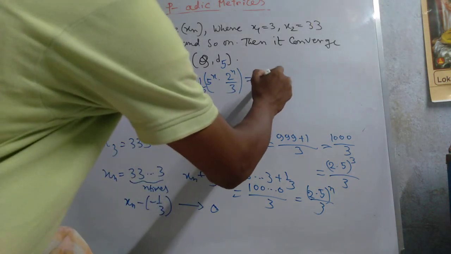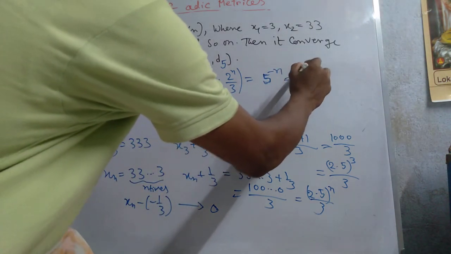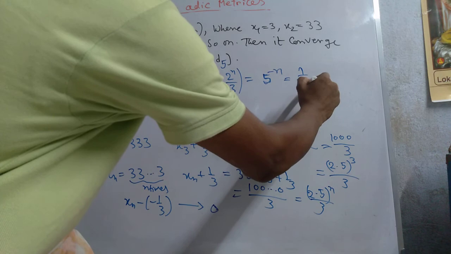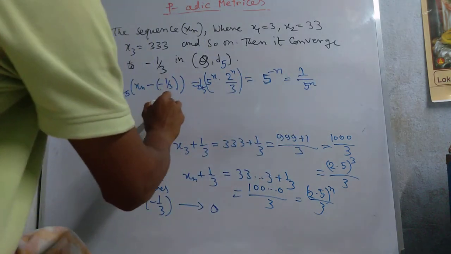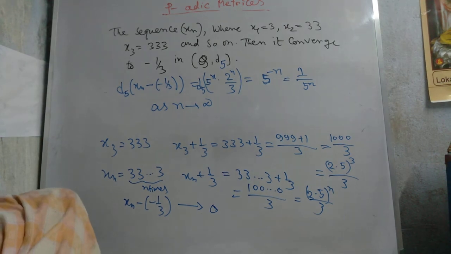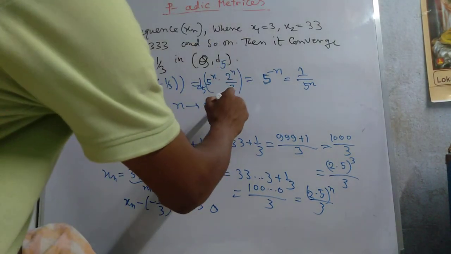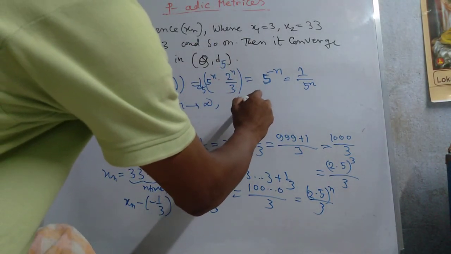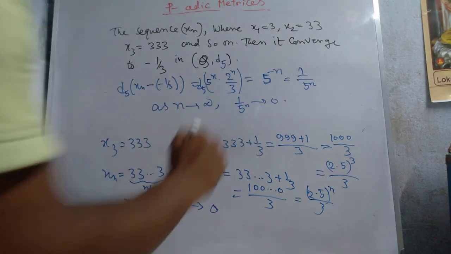Then this one equals 1 by 5 to the power n. Then as n tends to infinity, 1 by 5 to the power n tends to 0.